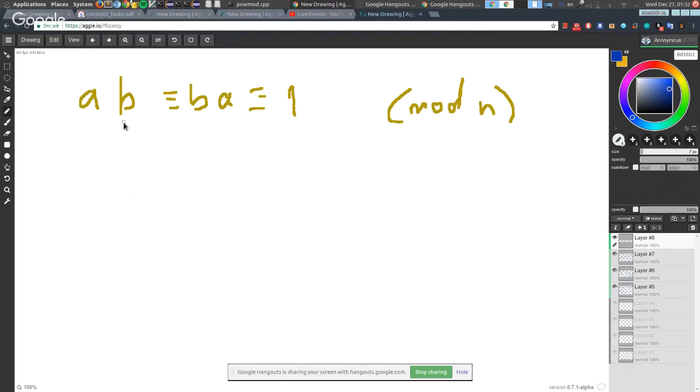So basically, we want to find a number b such that when we multiply it by a, the product is equal to 1. This is the definition of finding an inverse. So b basically is the inverse.